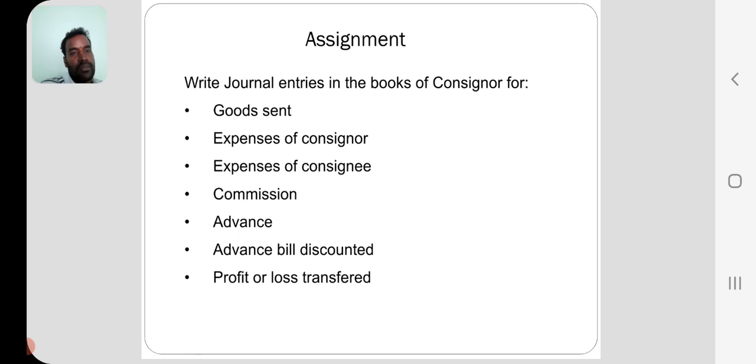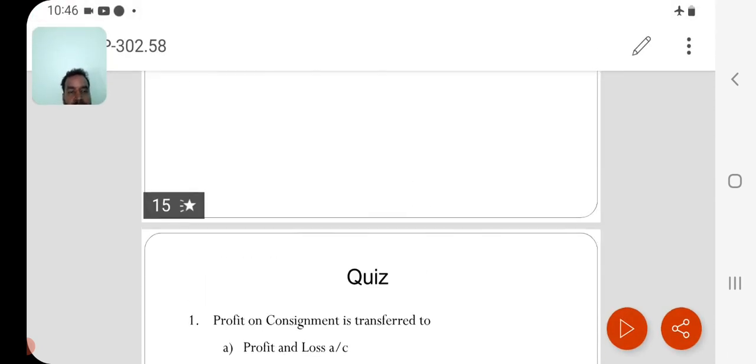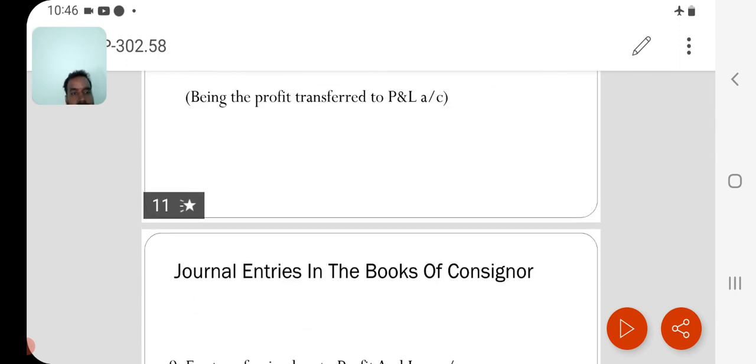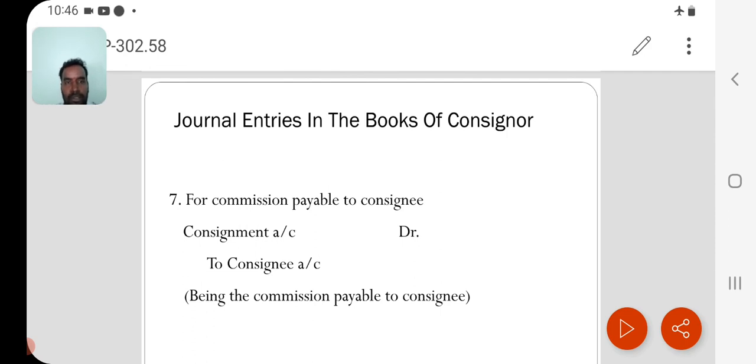So see here some assignments: goods and expenses of consignor, expenses of consignee, commission, advance, bill discounted, profit or loss transferred, like that. By knowing these journal entries and the introduction, we may prepare consignment accounts with accuracy.